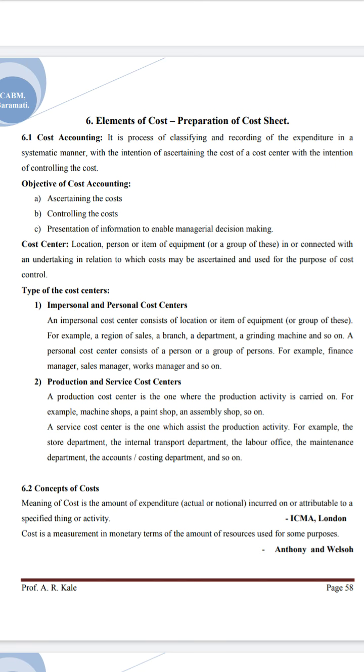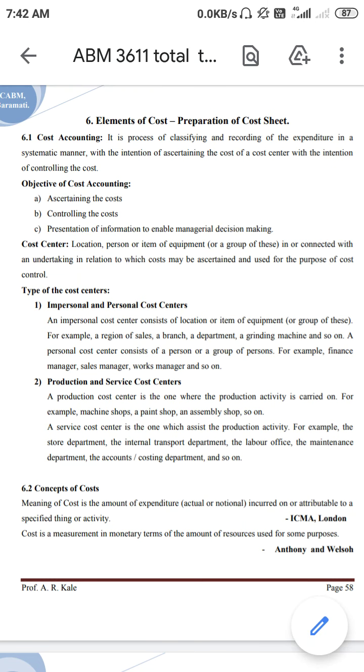Firstly, I have told that a particular department like the marketing department is selected as a cost center. Such a type of grinding machine or particular assembling machine or particular processing machine is selected as a separate cost center, and so on.